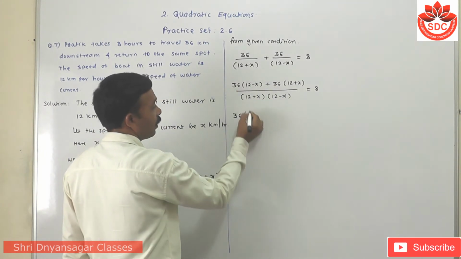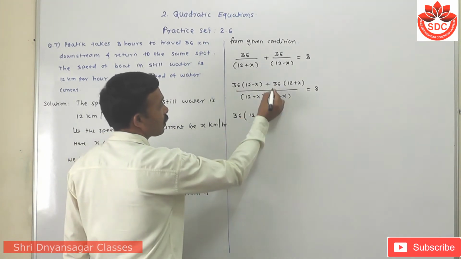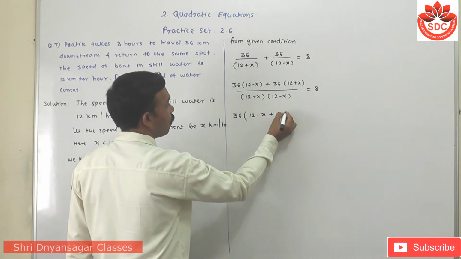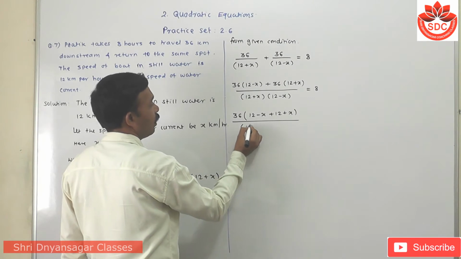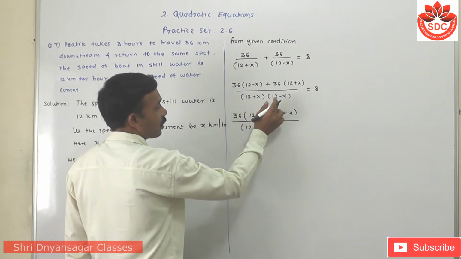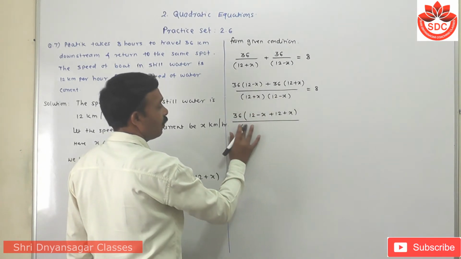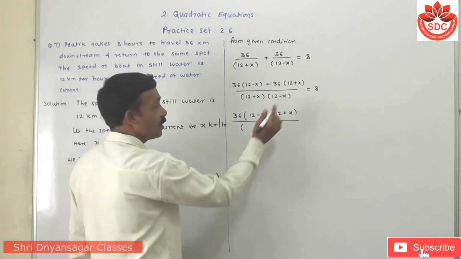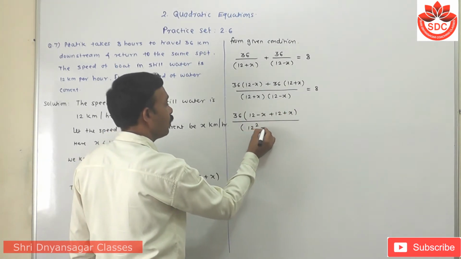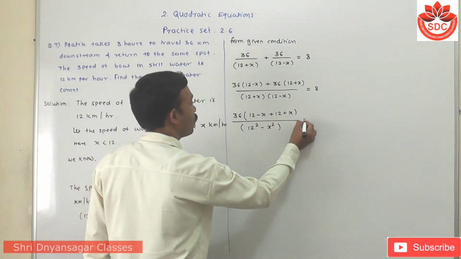In the bracket, 12 minus x plus 12 plus x upon 12 plus x into 12 minus x. Directly we write a plus b, a minus b, that is a square minus b square, so 12 square minus x square is equal to 8.